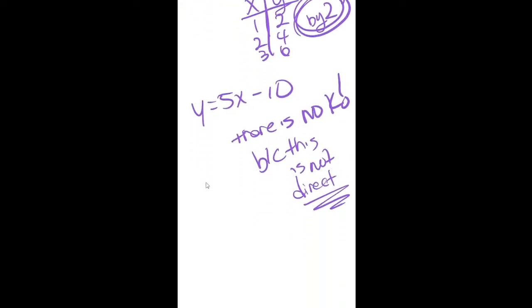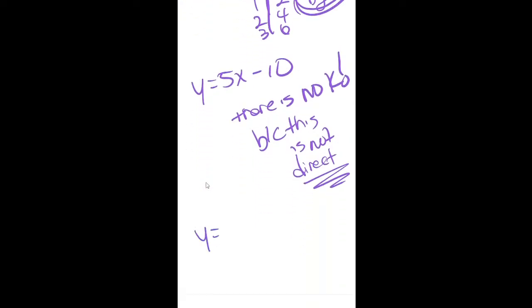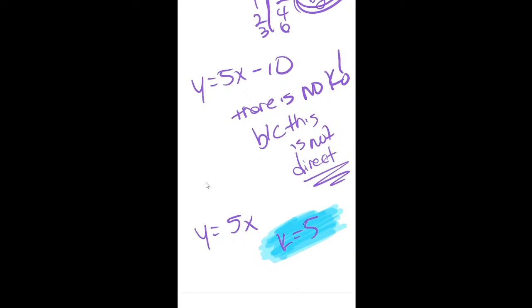For this to be direct, you'd have to not have anything out there. When x is 0, y is 0. That's the only time you get to do this k thing, okay? So fine, k then, in this case, is 5.